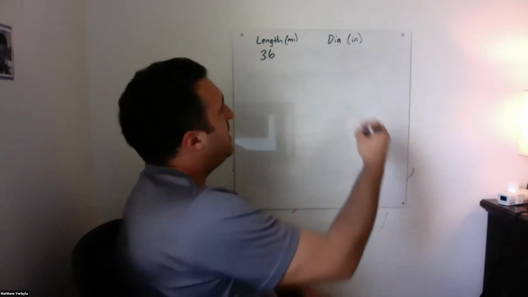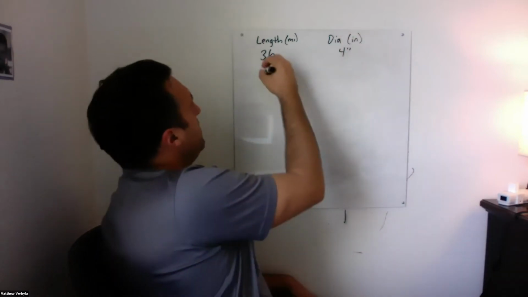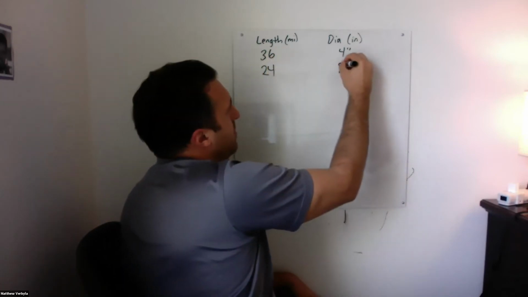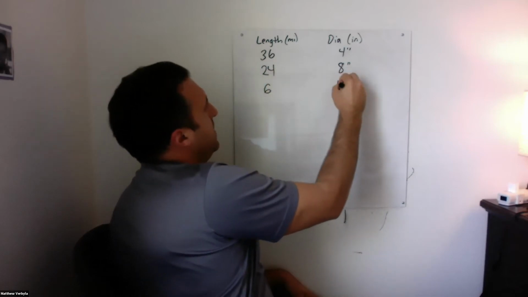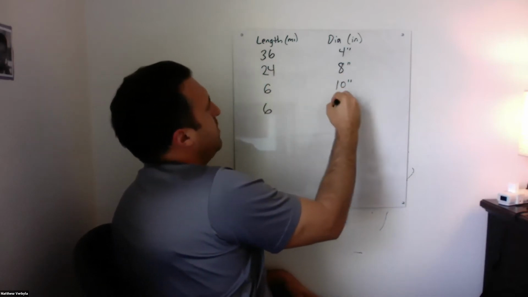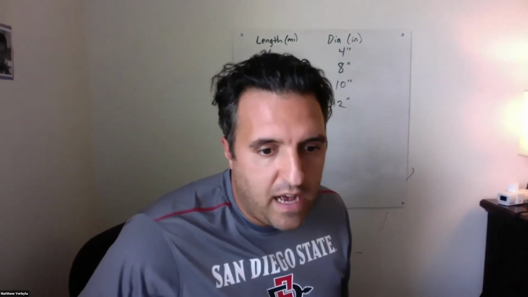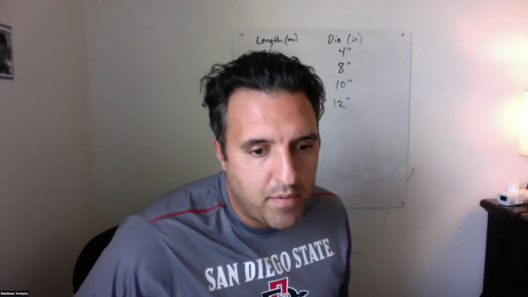So 36 miles of 4-inch pipe, 24 miles of 8-inch pipe, 6 miles of 10-inch pipe, and 6 miles of 12-inch pipe. Now remember, the rate that we're using is 500 gallons per day per mile per inch.